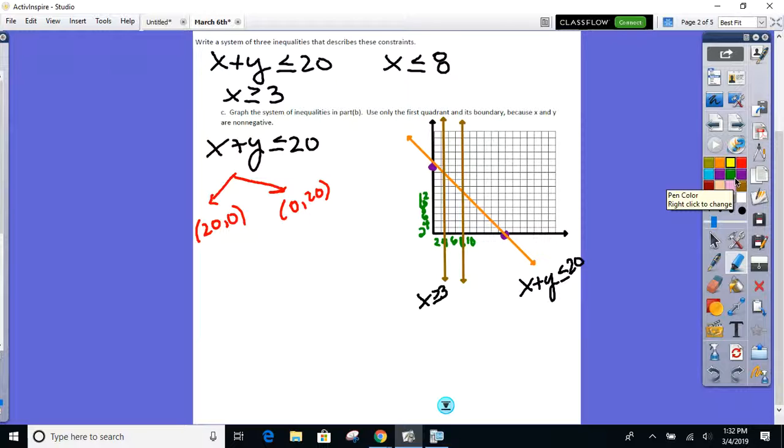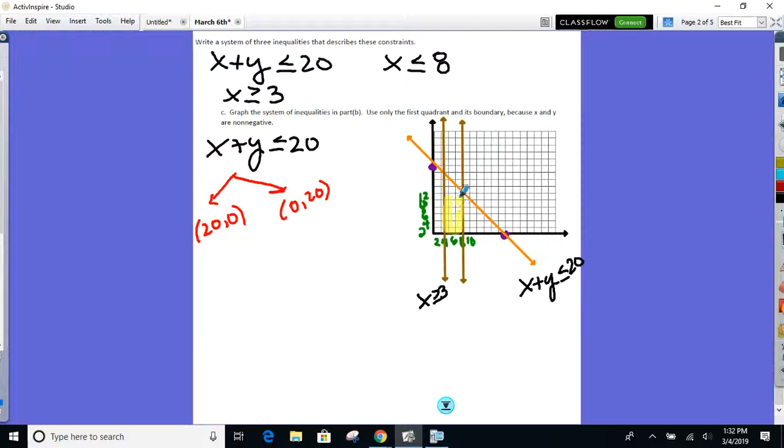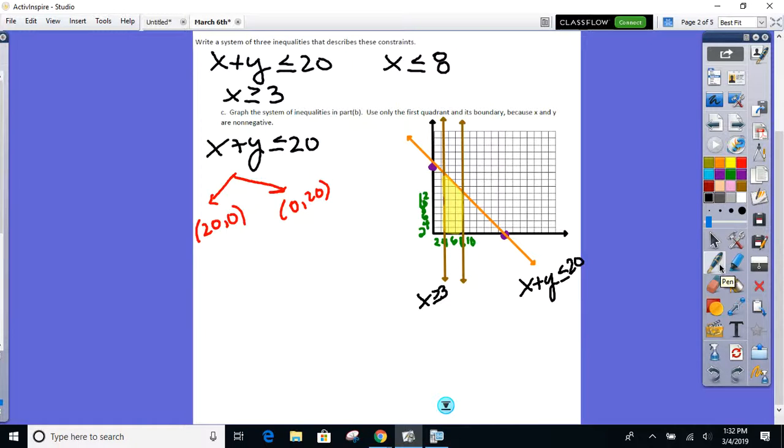You've got to shade below and in between. There it is. All right, now you've got to get the points off them. You've got 4 points to produce.